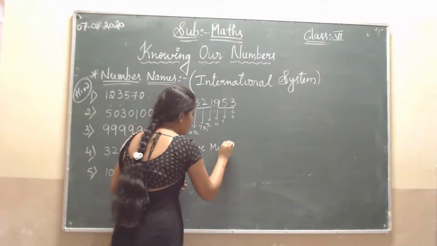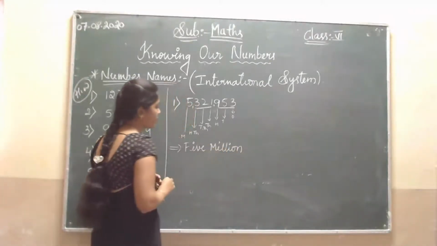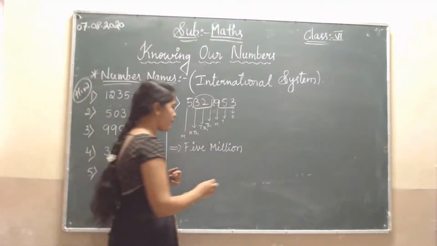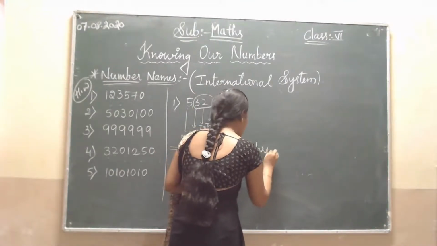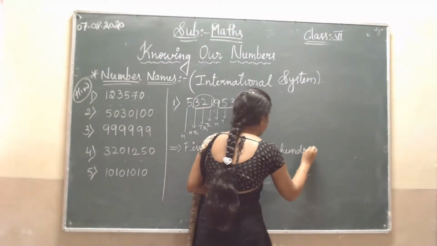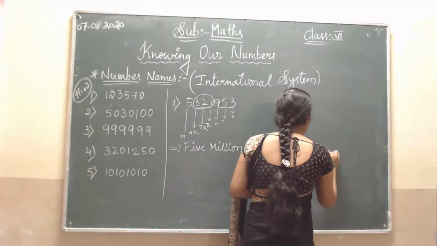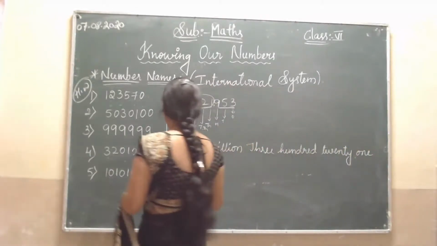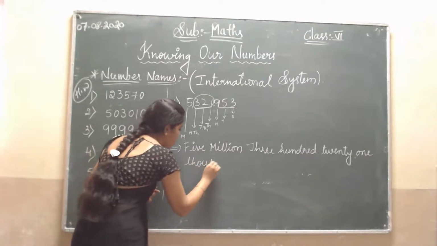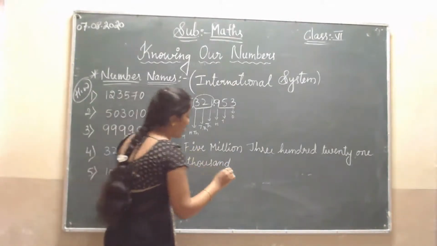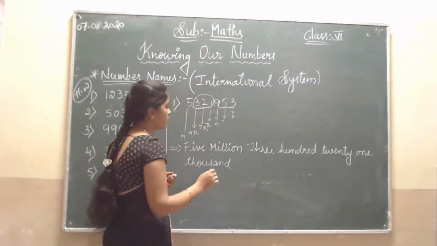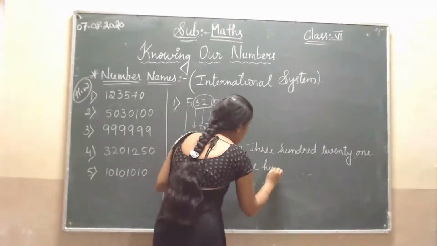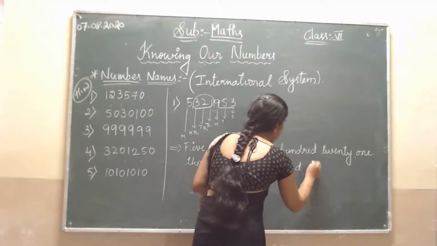5 million. Next, take this full 321. See here, the changes are here. 953.